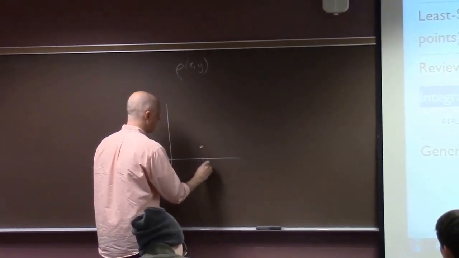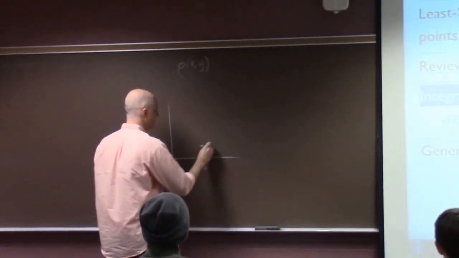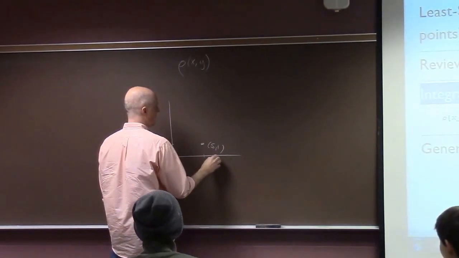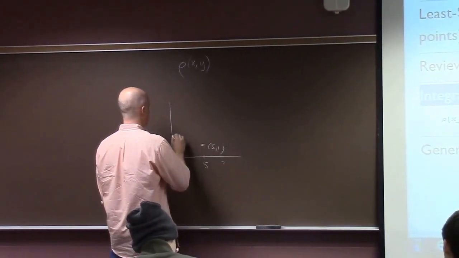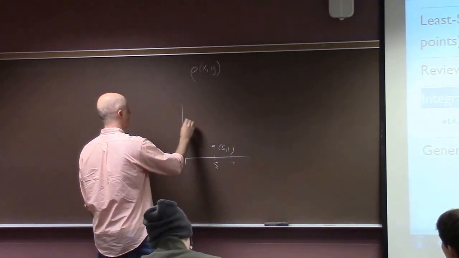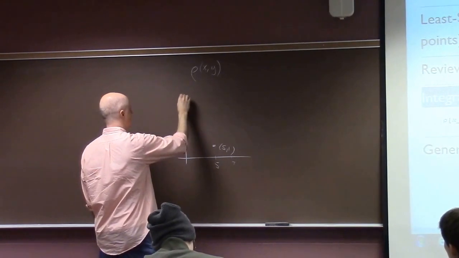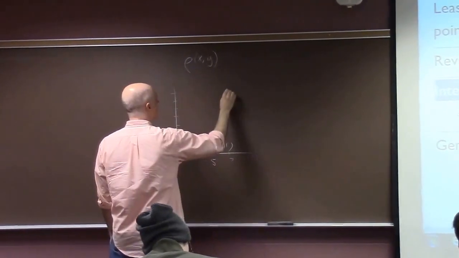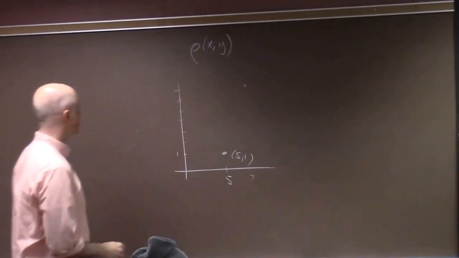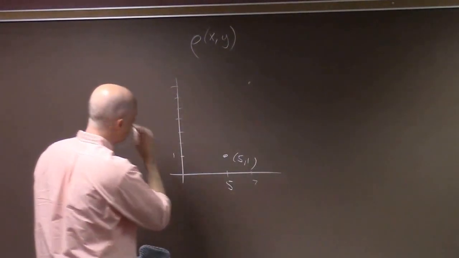Let's make this be the point 5, 1. Let's then go up to the point 7, 7. Try to make this reasonably accurate. Right about there. Something seems not so good about that.